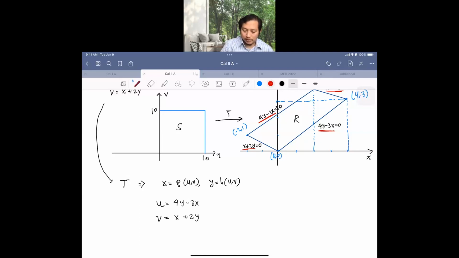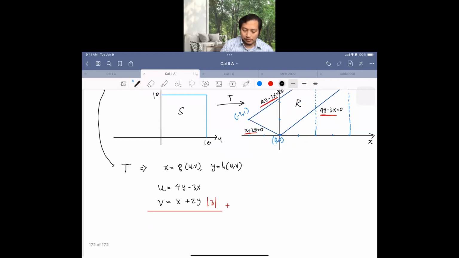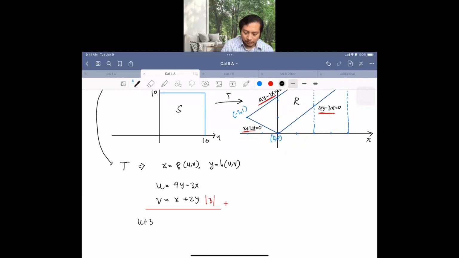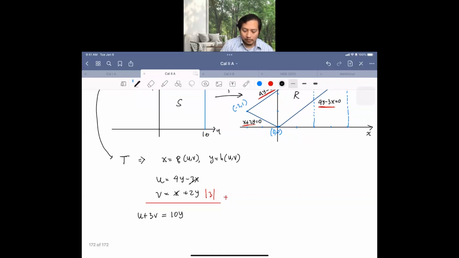Take 3, and then we add this 2. So u plus 3v cancels this x. So 4 plus 6 is 10y. So y is 1 over 10 times u plus 3v.